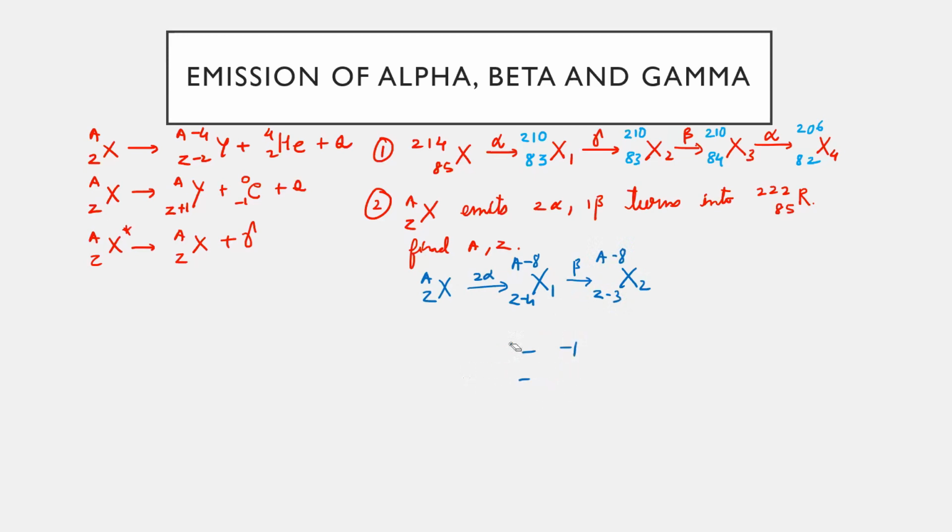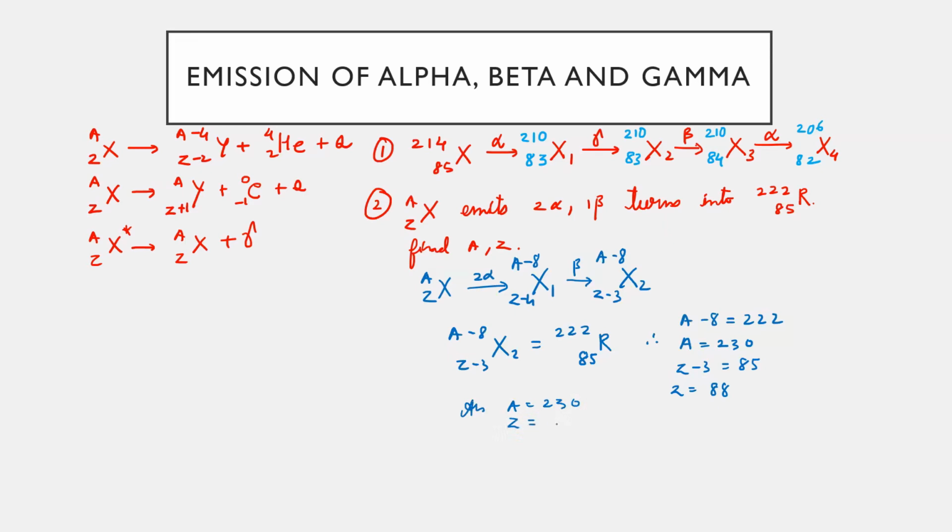So now we know that this A minus 8 and Z minus 3 is the same as 222 and 85. Therefore A minus 8 is 222, so A is equal to 230, and Z minus 3 is equal to 85, so Z is equal to 88. So that's the answer: A is equal to 230 and Z is equal to 88. Okay.